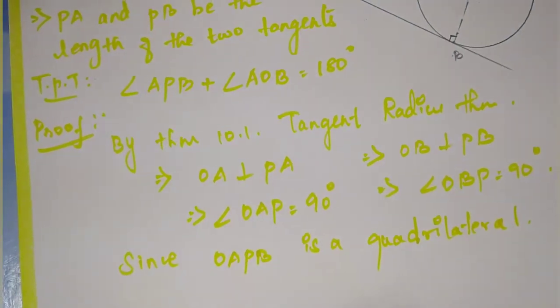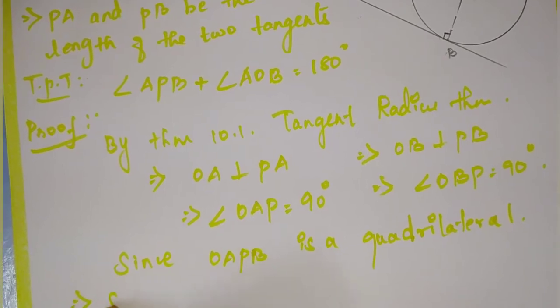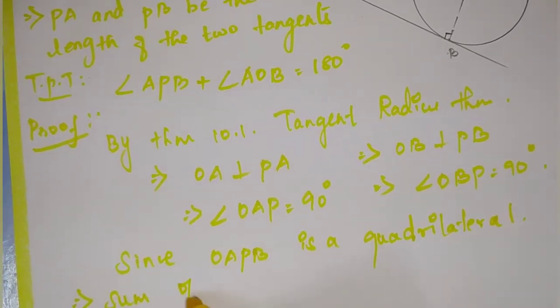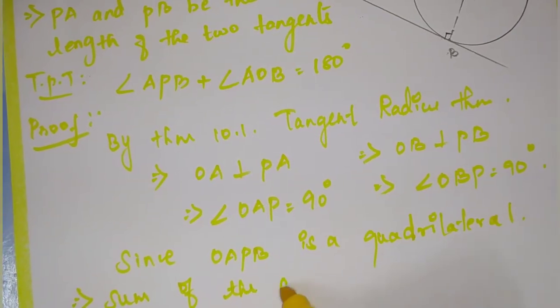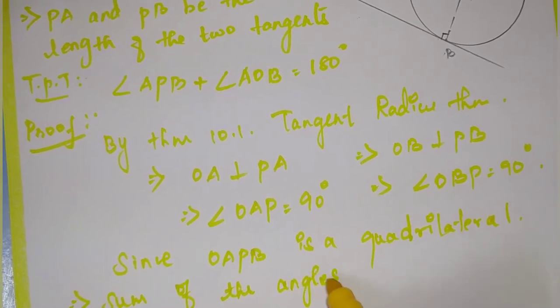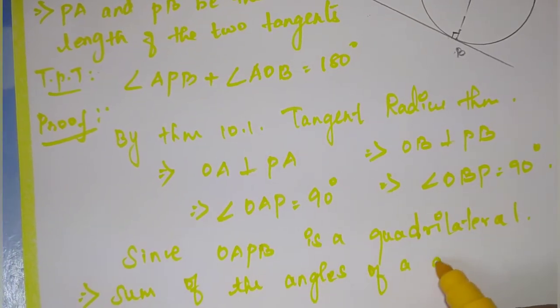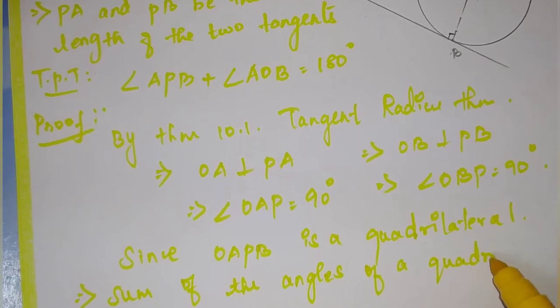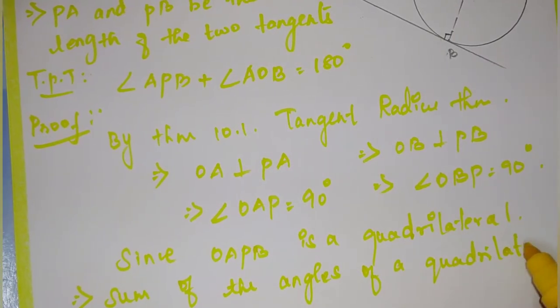We know the sum of the angles of a quadrilateral is 360 degree.